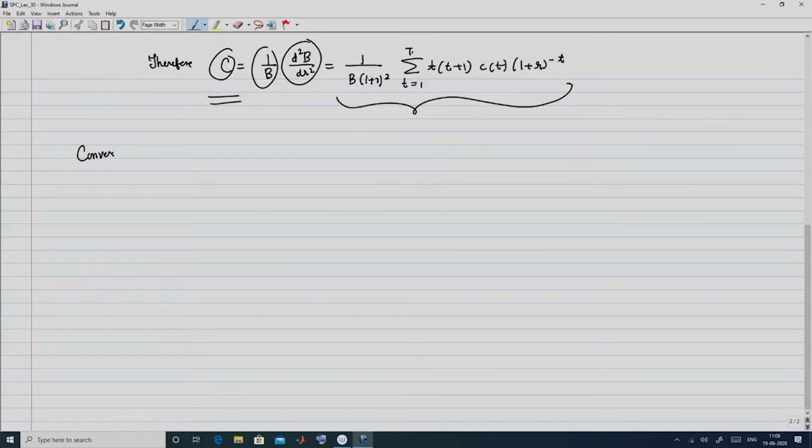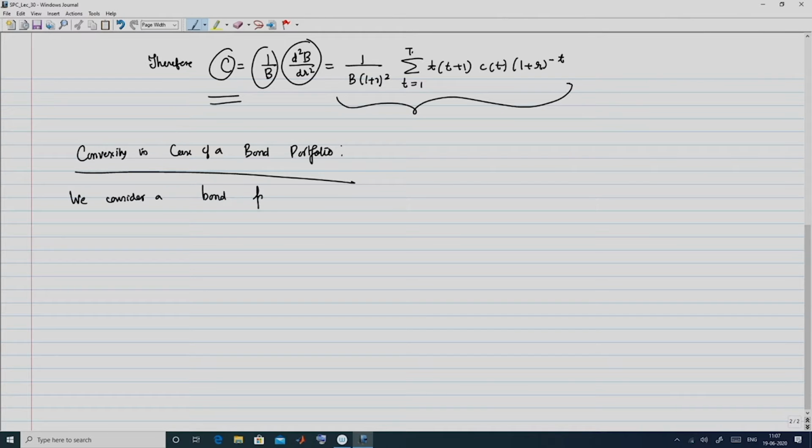So, let us look at the convexity in case of a bond portfolio. We consider a bond portfolio comprising of capital N number of bonds. The setup is the same as that of duration in case of a bond portfolio.